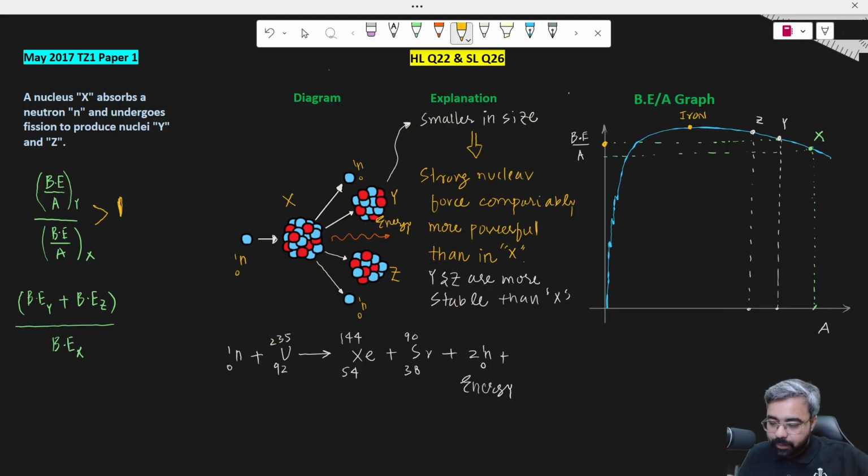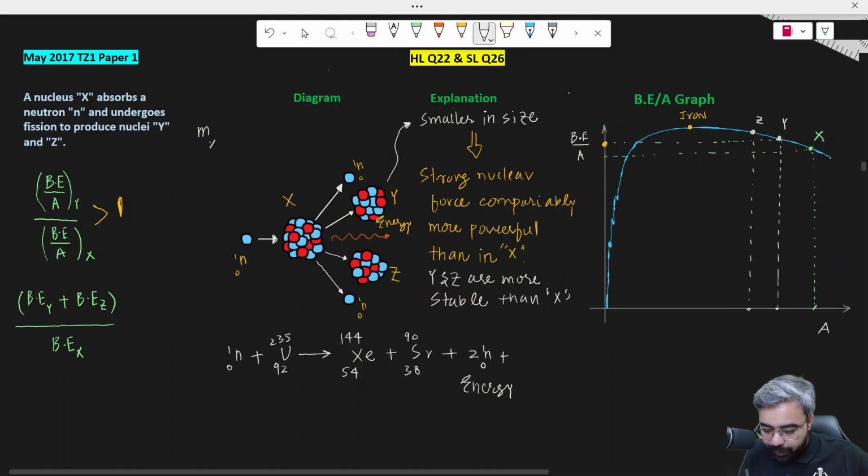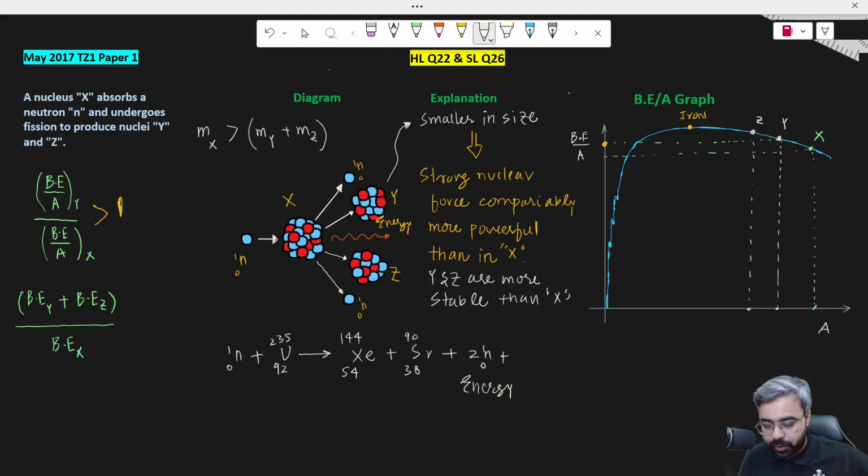It means that the mass of X is more than the combined mass of Y and Z. Remember, here I'm talking about nuclear mass: the nuclear mass of X is more than the sum of the nuclear masses of Y and Z, because the difference of that mass is converted into energy.